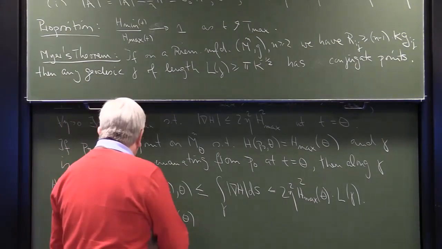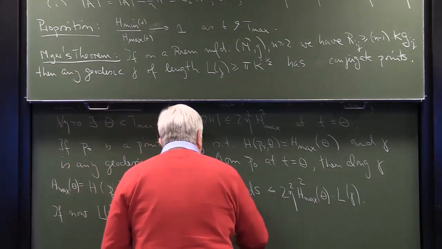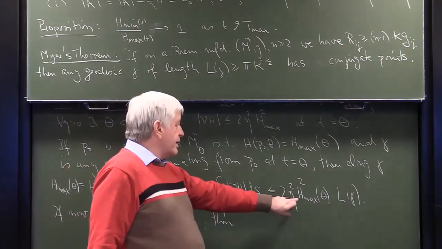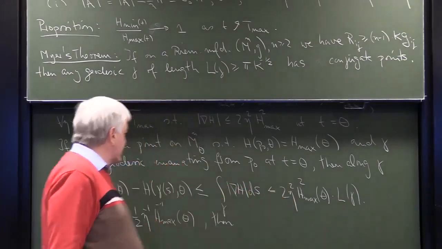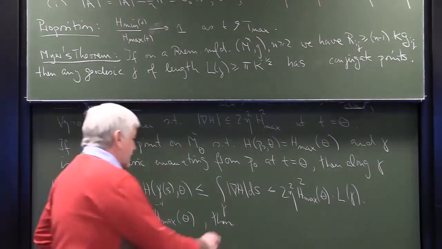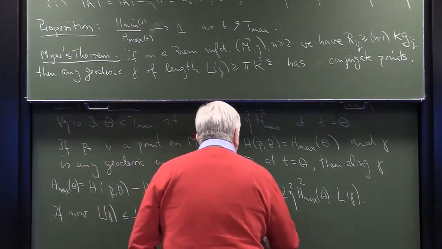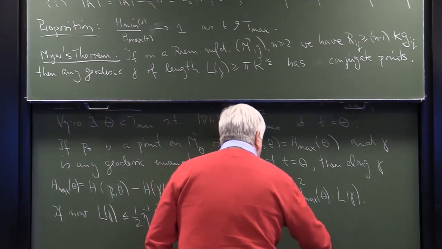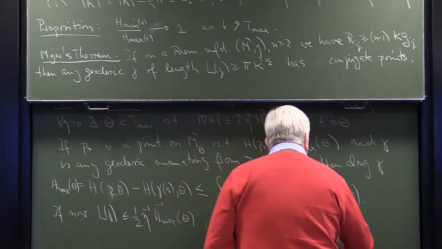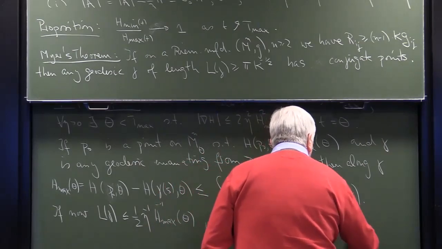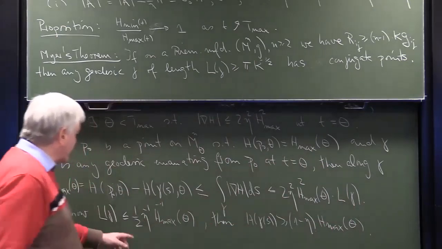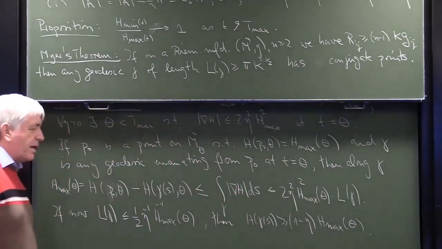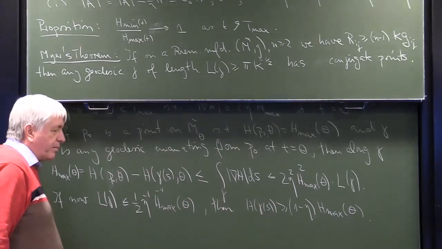So this is a long distance. Then along this curve, the term on the right-hand side still has an eta in front of it. So we get that h along the curve is bigger than 1 minus eta times h max. But despite the curve being very long, it remains very close to the maximum at theta.